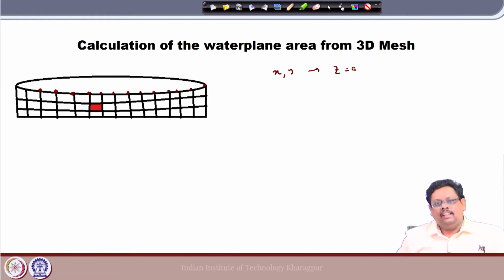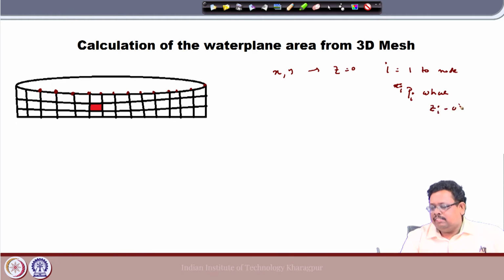You can write a computer program with the list of nodes. Numerically, you can run i equal to 1 to the number of nodes, and check the point p i where z i minus 0 is less than epsilon, taking epsilon equal to 0.001.